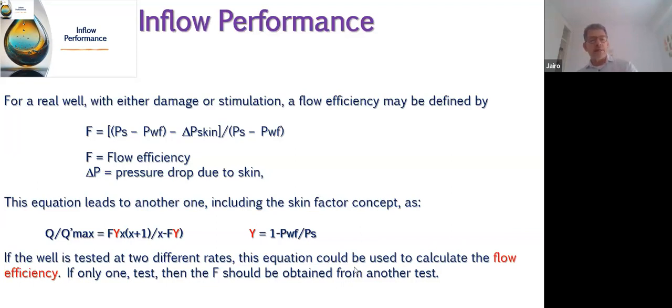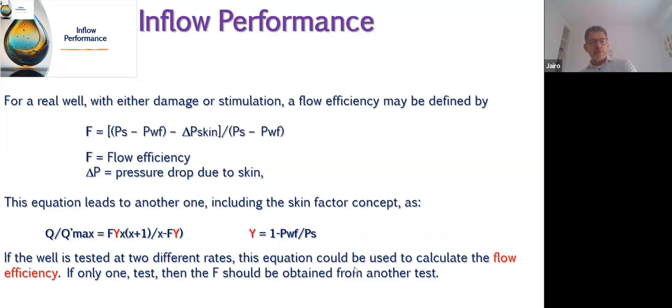This is the definition of flow efficiency. Delta P skin is the pressure drop due to skin. Later on, we will see what we call pressure drop due to skin.